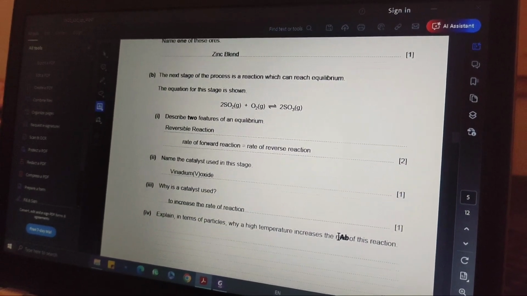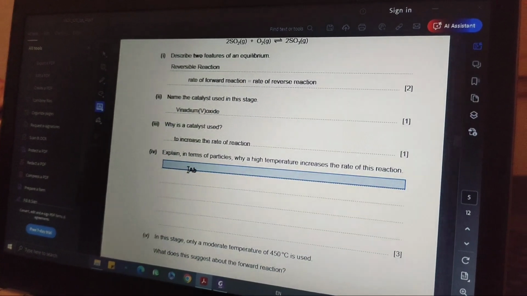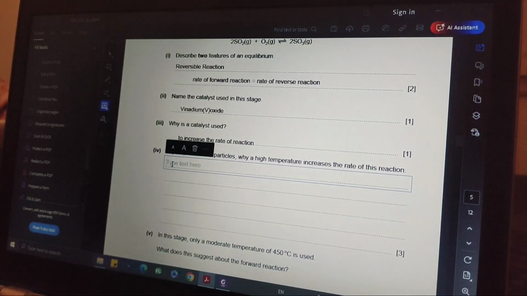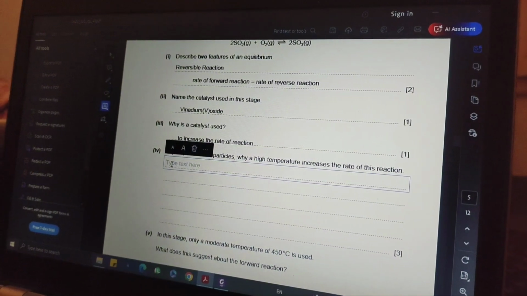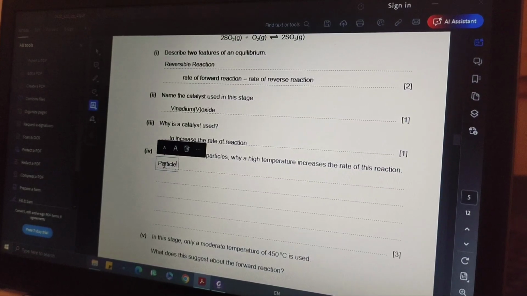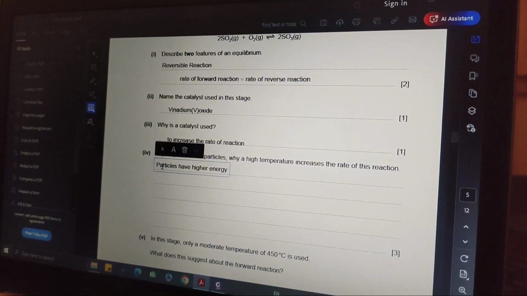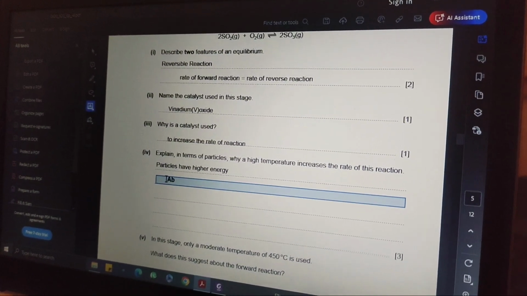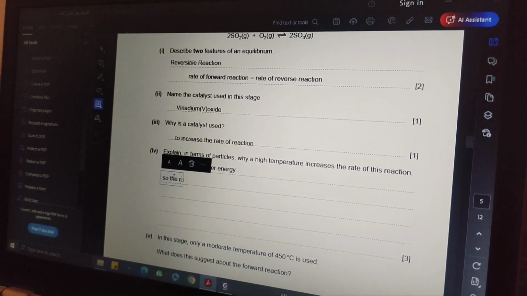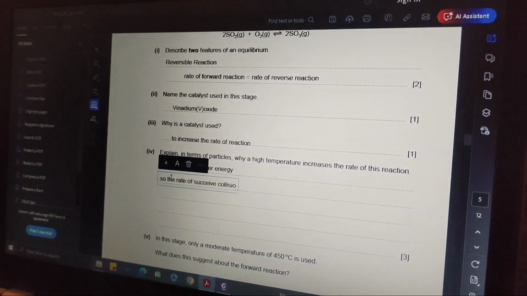Okay, so explain in terms of particles why a high temperature increases the rate of reaction. Increasing the temperature means the particles are moving much faster. So we'll be saying that particles have a higher energy at high temperature, and it means that they are moving faster, so the rate of successful collision is higher.